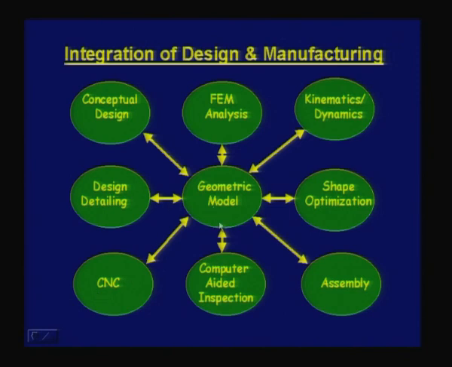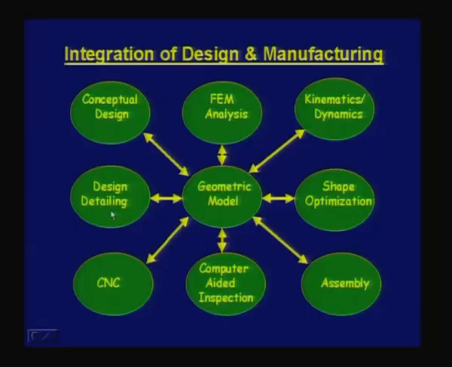We also looked at computer aided inspection in our last lecture. The major objective of any inspection process is to see that the manufactured geometry meets the design geometry within certain tolerances. That means there is not much deviation in the two. So, you are again using the geometry which has been designed, and you are getting a geometry which comes from the manufacturing.